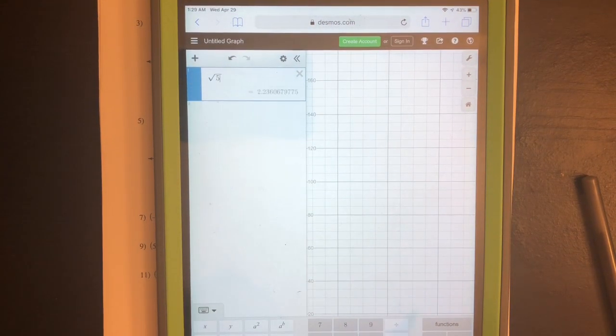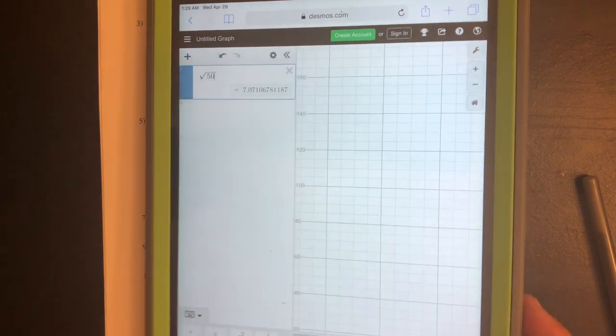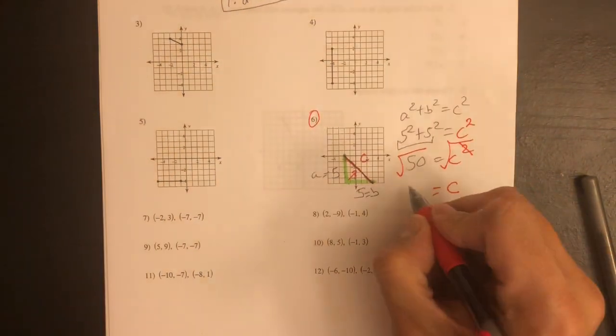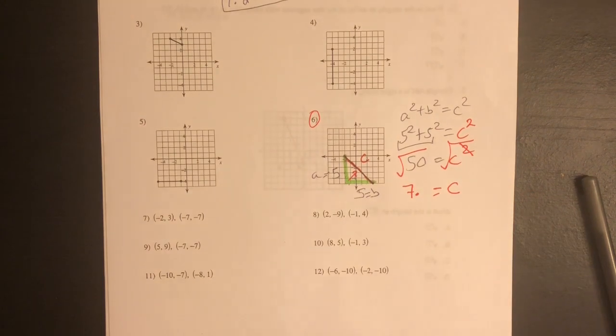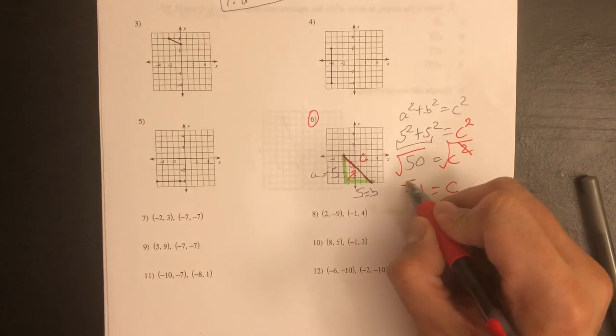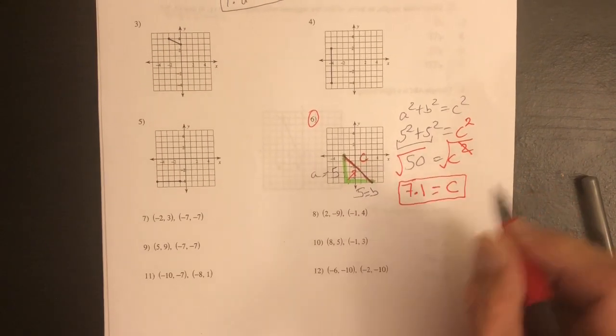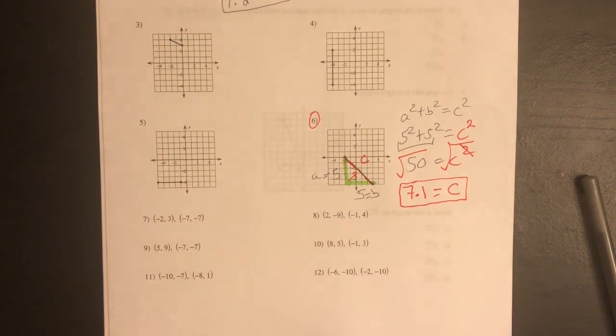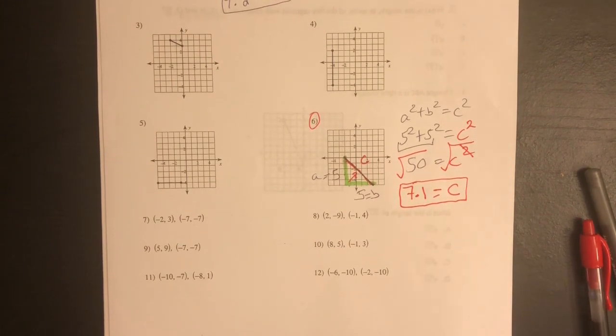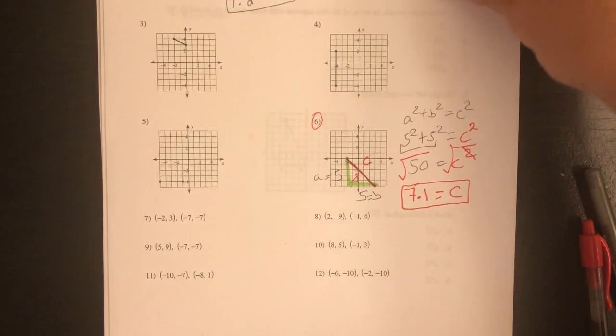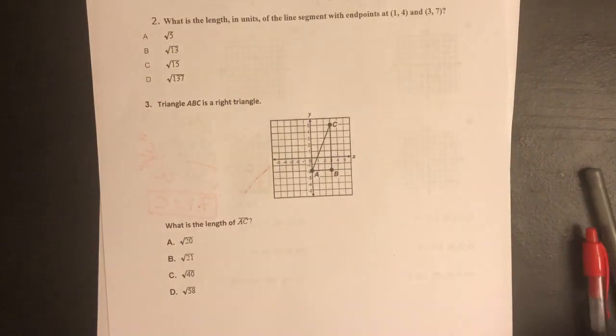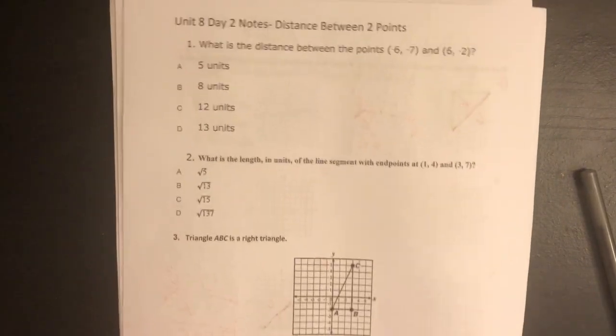So the square root of 50 is 7.1, because that 7 will round that 0 to a 1, so it will be 7.1. So that is the measurement or the length of this diagonal, 7.1 units. Okay? And that's what we're doing. We're using the distance formula. Okay, let's move on to the next problem, which is going to be number 1 on the next page.